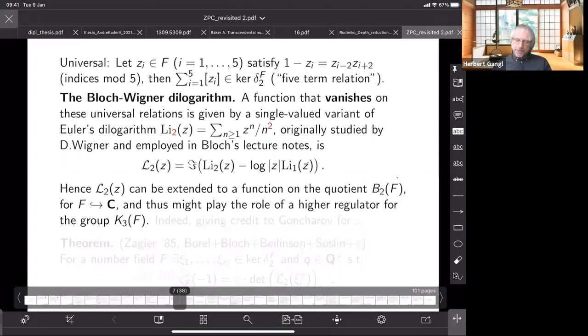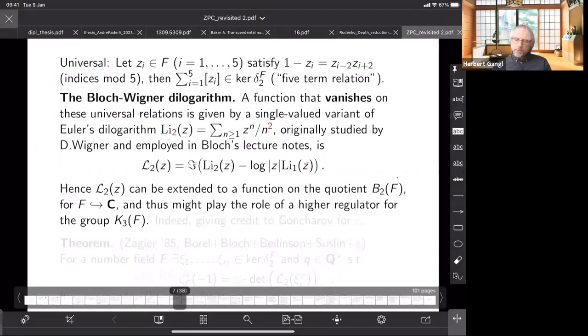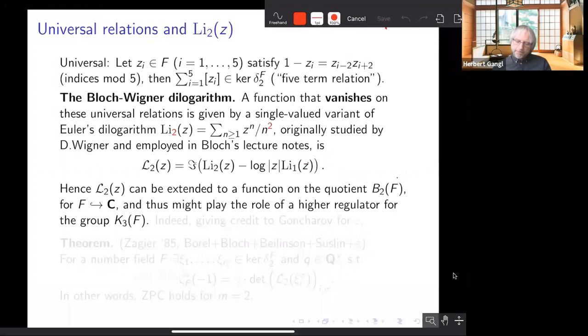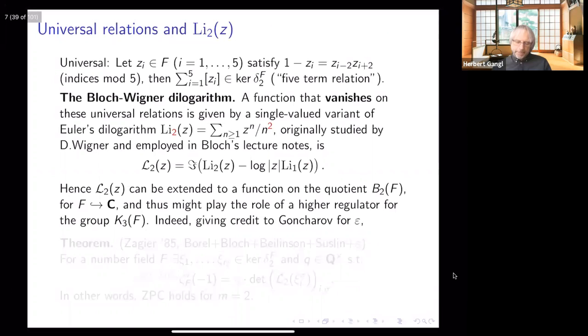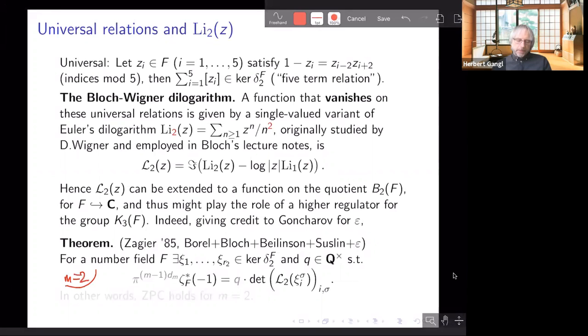So it's been proved in the case for m equals 2, which I should put here. For m equals 2, we get here pi to the power 1 times the d2, which was essentially the R2 of Borel's rank determination.